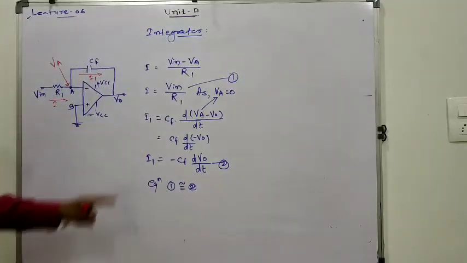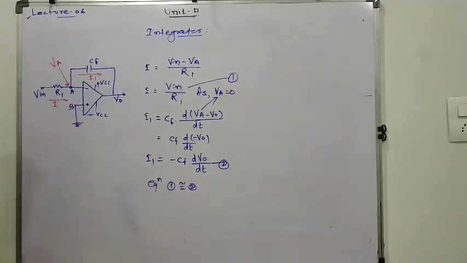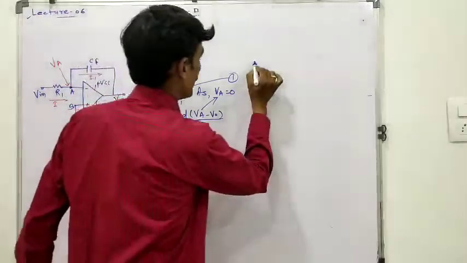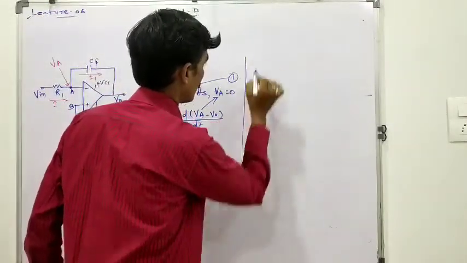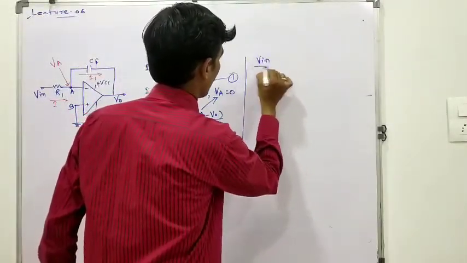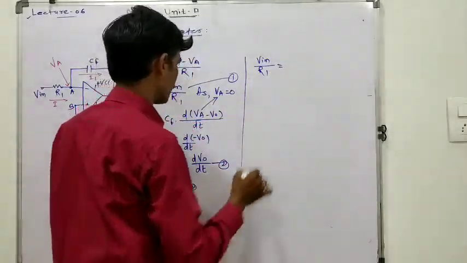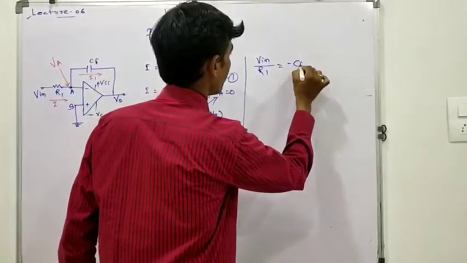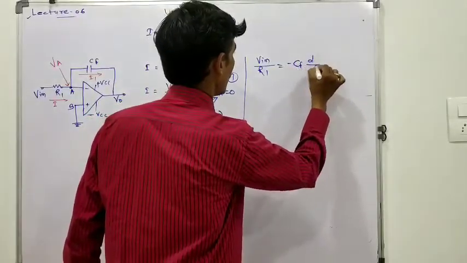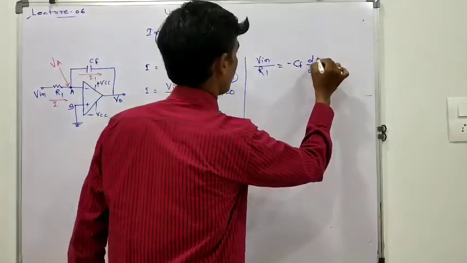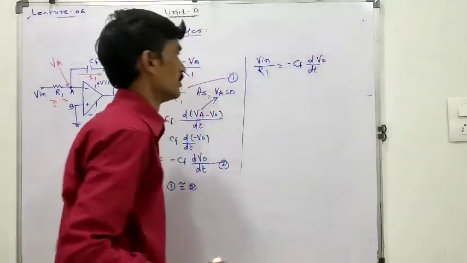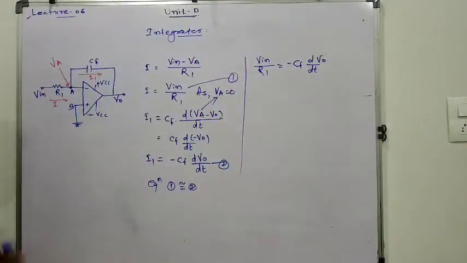So by this condition, we can write V in by R1 is equal to minus CF d/dt of VO.